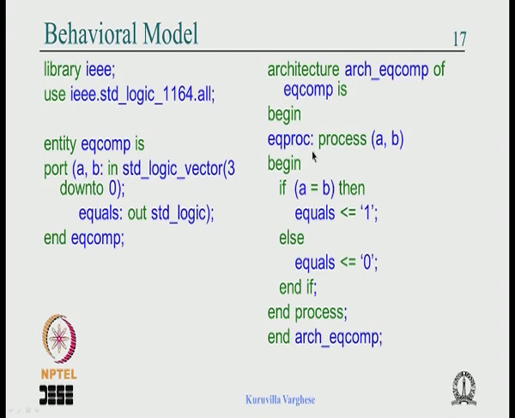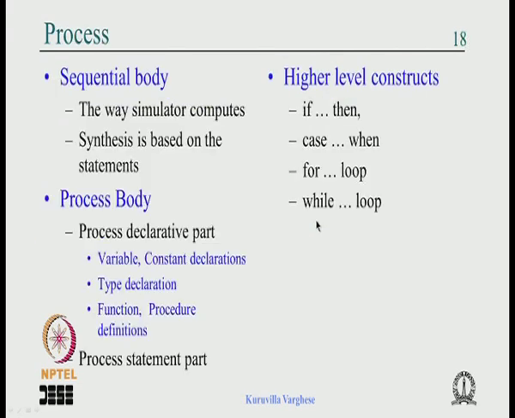We will see how the variable works. It works similar to a sequential language like a C program, but what is the hardware significance, we will try to make out that. How the synthesis tool handles that variable we will see later, but you can declare variables, you can define functions and procedures, you can declare constants in this declaration region, and this is a statement region which uses these constructs.